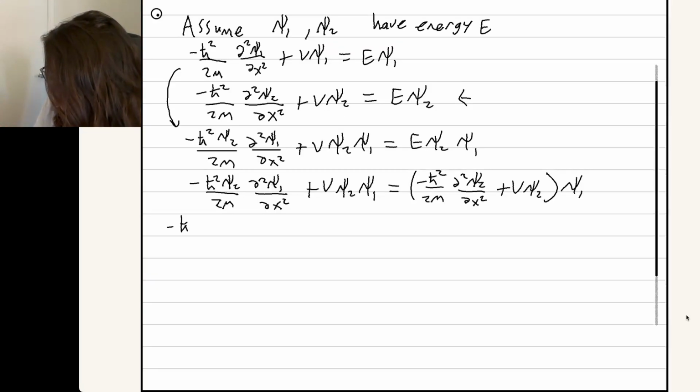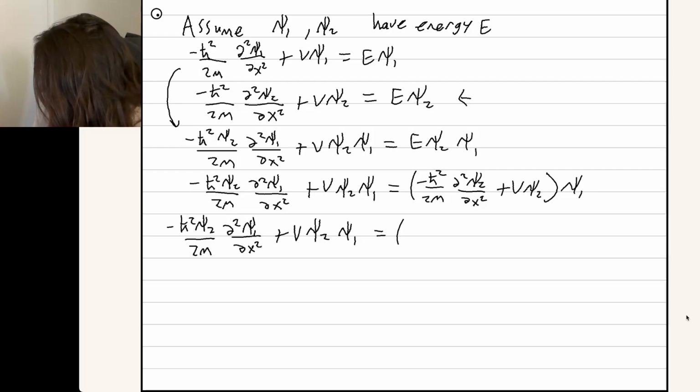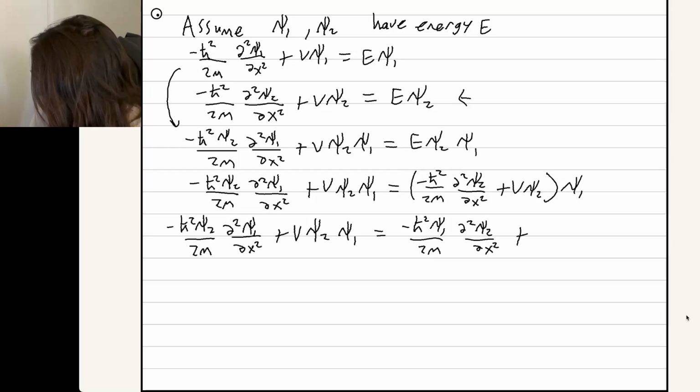So carrying out that multiplication on the left-hand side and also writing the entire right side again because I'm a numpty, it's minus h bar squared psi1 over 2m times d squared psi2 dx squared plus V psi2 psi1.